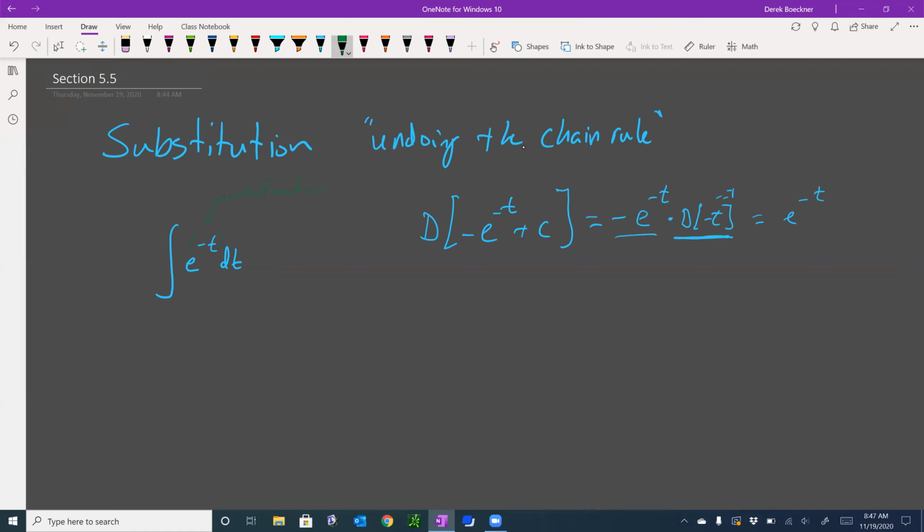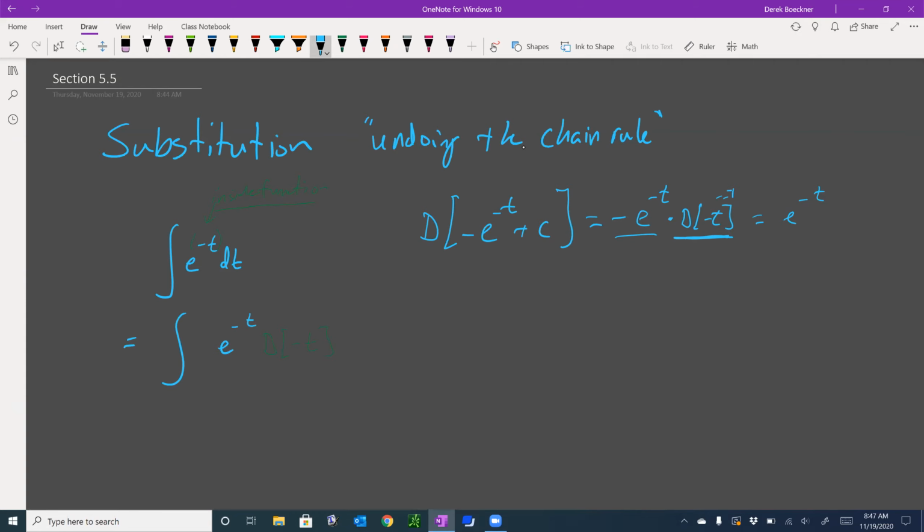And sometimes I might have to fit it in, or sometimes I have to do some algebra to fit it in. But I'm going to think about this thing as the inside function. And I want to get this to look like e to the, put it there, and then I'm going to have the derivative of that inside function.